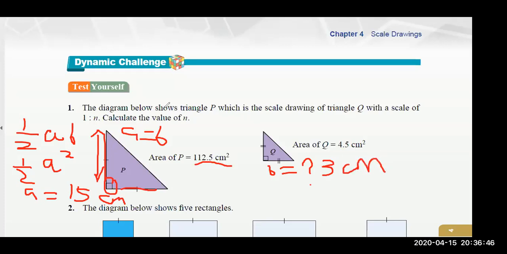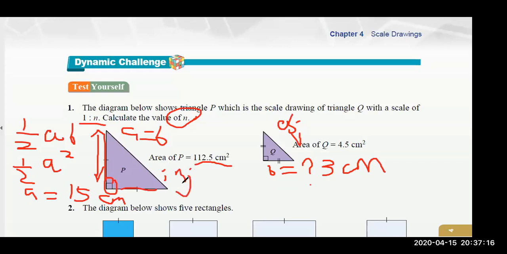So then, what is the value for n? 1:n. The question says the diagram shows triangle P is a scale drawing of triangle Q. Right. So it means that triangle Q is the object. Triangle P is the image. Right.